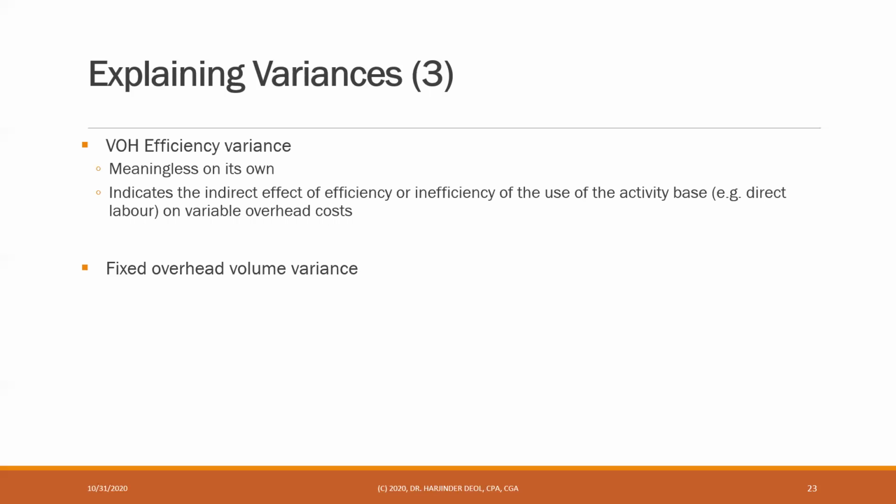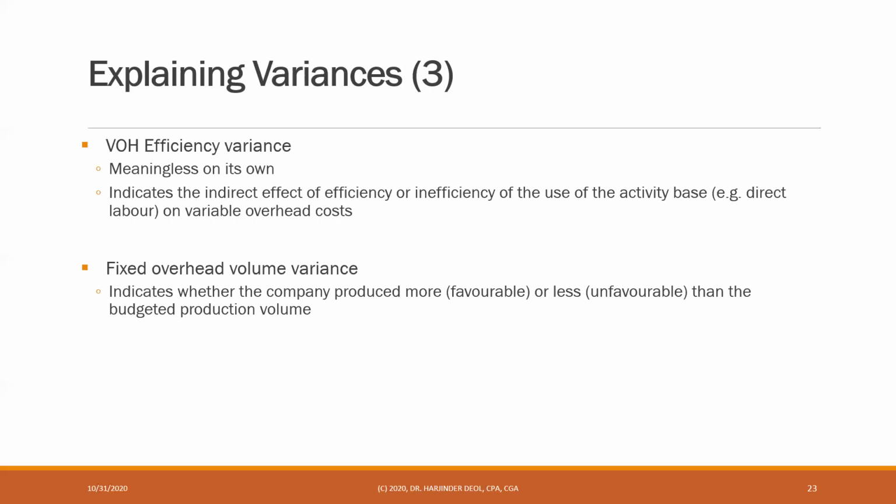The fixed manufacturing overhead volume variance indicates if the company produced more or less than the budgeted production volume. If the company produced more, we'll end up getting a favorable volume variance. If the company produced less than how much they budgeted for, then we'll have an unfavorable volume variance.